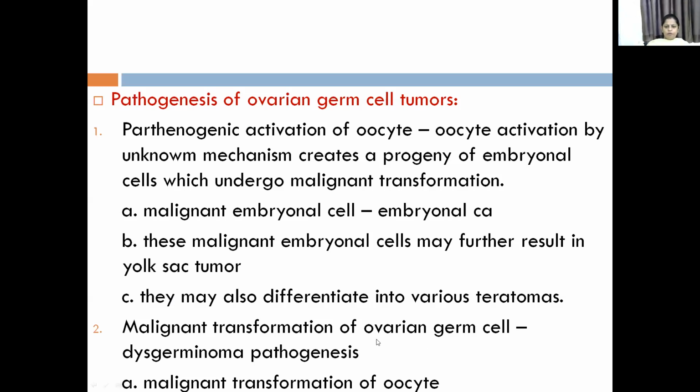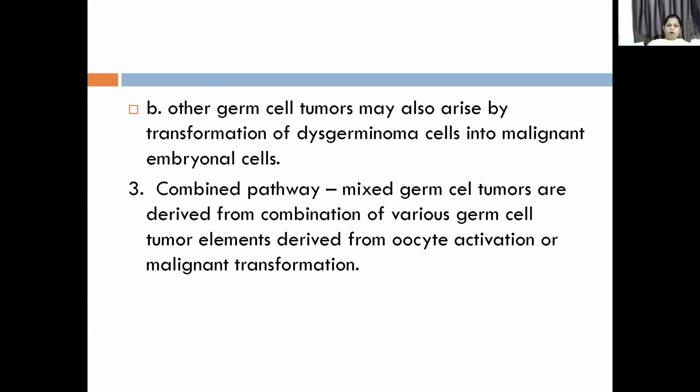Malignant proliferation of ovarian germ cell gives dysgerminoma. These are various pathogeneses. One is parthenogenic activation of oocyte, another is malignant transformation of ovarian germ cell. Dysgerminoma can be due to malignant transformation of oocyte, or other germ cell tumors may also arise by transformation of dysgerminoma cells into malignant embryonal cells.